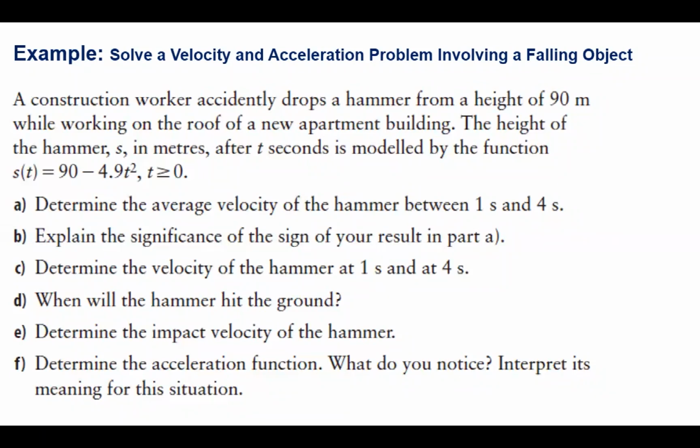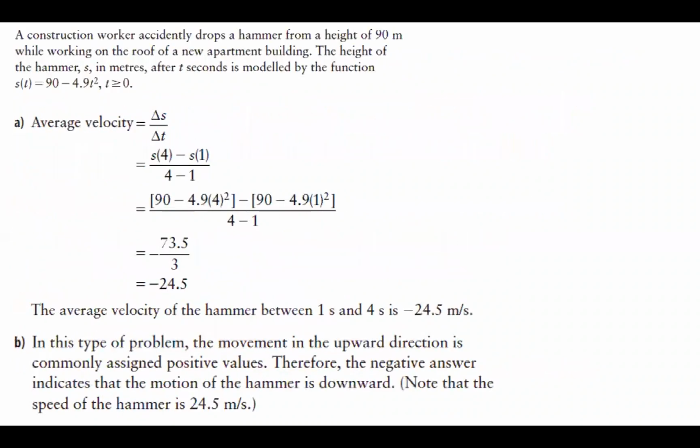All right, let's have a look at the solutions. First question. Average velocity is the average rate of change of s with respect to t, right? So according to the definition, that's delta s over delta t. Delta t is from 1 to 4, so delta t is 4 minus 1. Delta s is s(4) minus s(1).